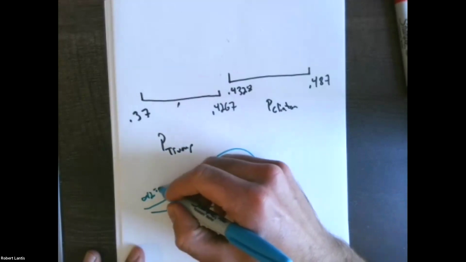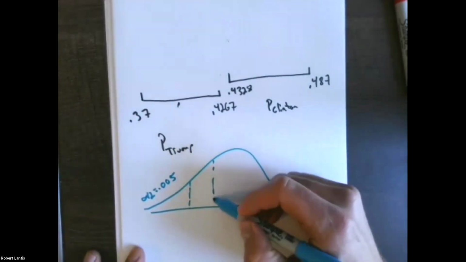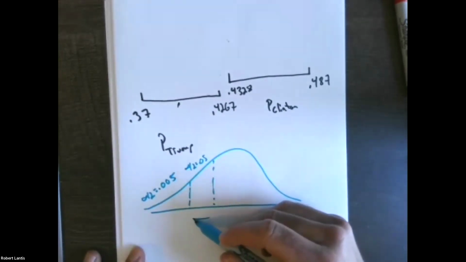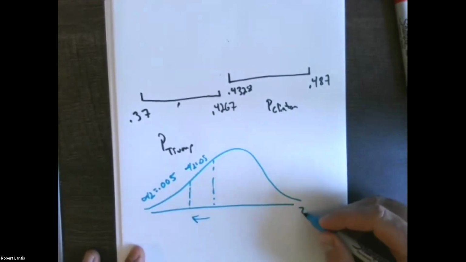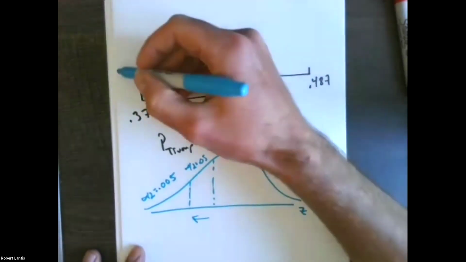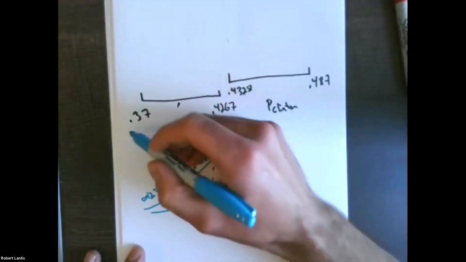Half of alpha in my tail is now 0.005. So compared to when I wanted half of alpha to be 0.05, I'm going to be going a higher number of standard deviations to the left and the right, so my confidence intervals are going to get wider. Well, notice these are already pretty close.